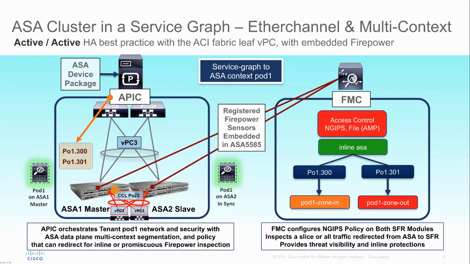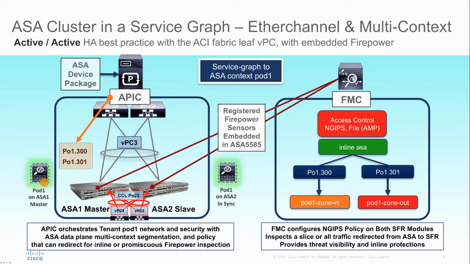The ASA device package allows us to register our administrator context and user context to different tenants within APIC. And once we render that service graph in the fabric for a particular tenant, APIC will configure these sub-interfaces, dynamically selecting the VLANs, configure them and attach them to this context, and apply the full configuration on the master pod 1 context in this case.